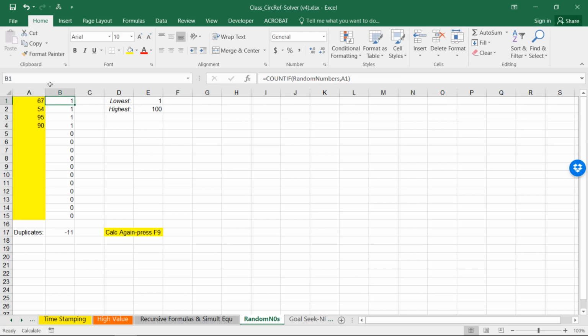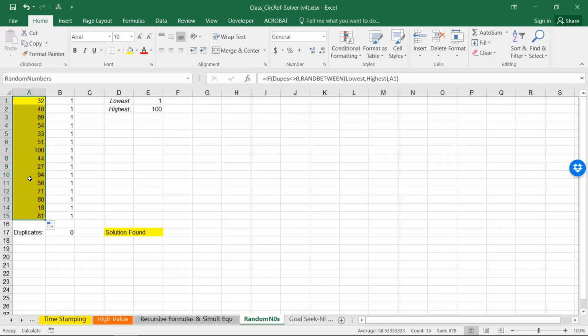The formula in B1 says, count if, under these random numbers, how often we find whatever is in A1. And dupes simply says, give me the sum of B1 through 15 minus the count A of B1 through 15. So let's have this insert that for us.